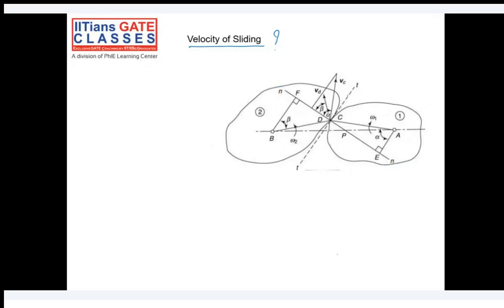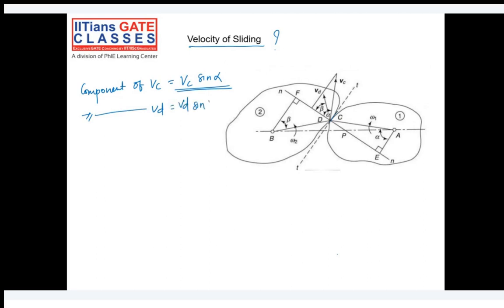So what is the component of VC along the tangent? The component of VC along the tangent is VC sine of alpha, correct? Similarly, the component of VD along the common tangent is VD sine of beta.